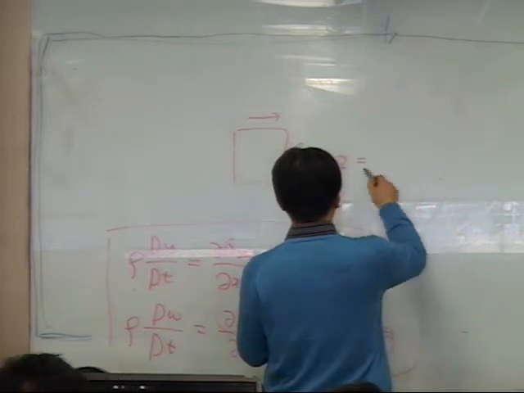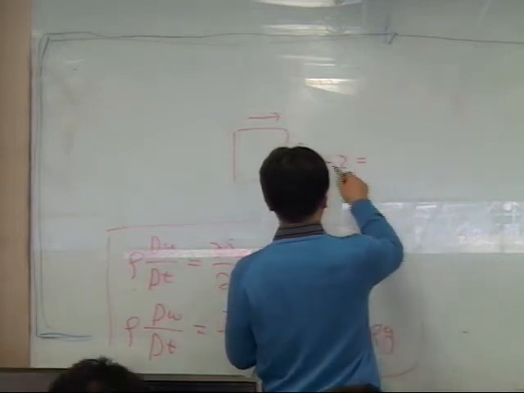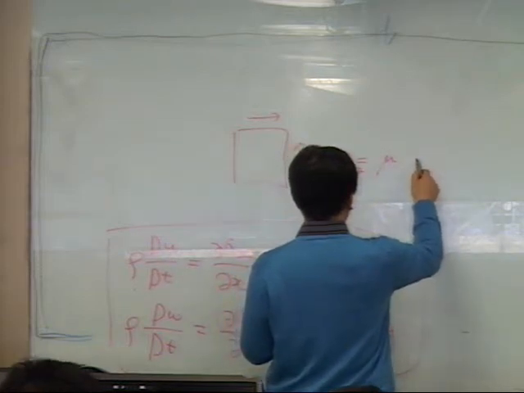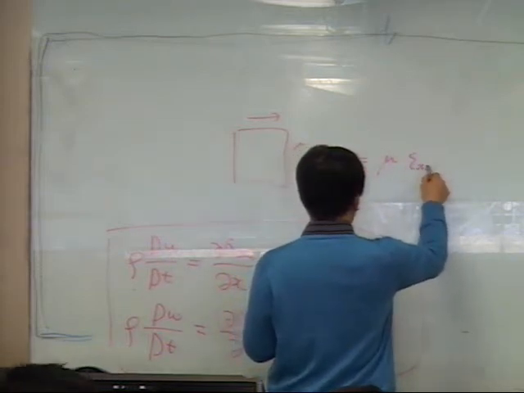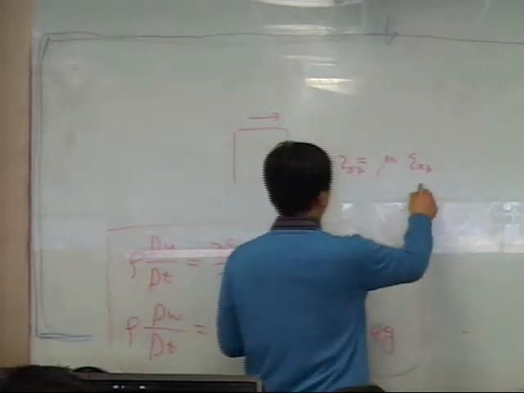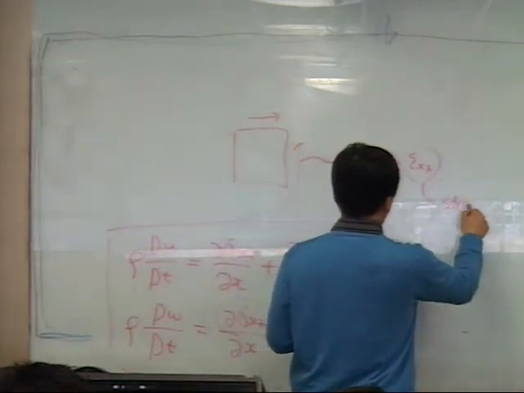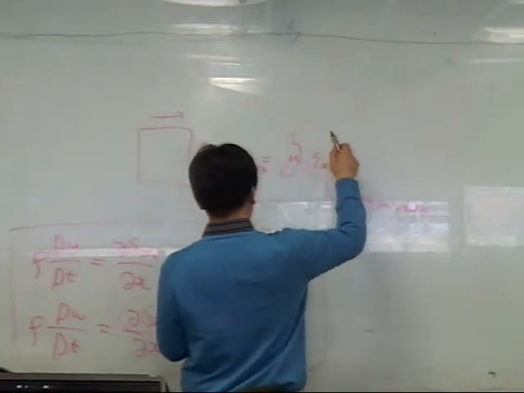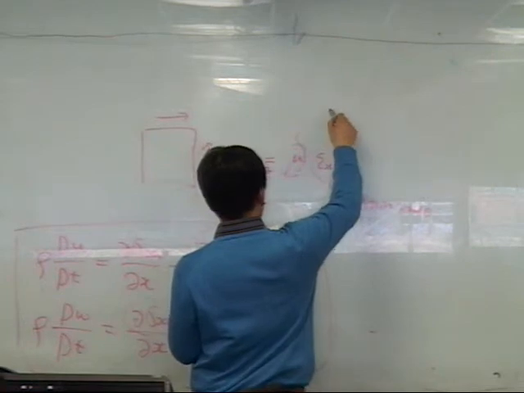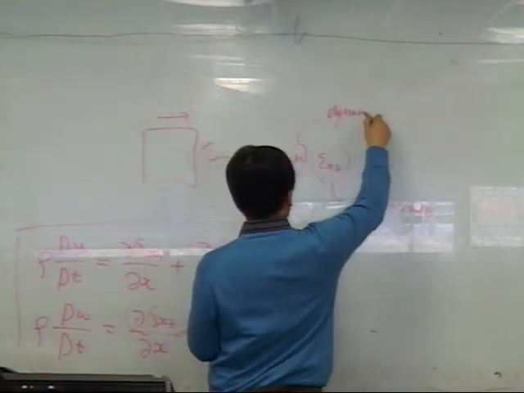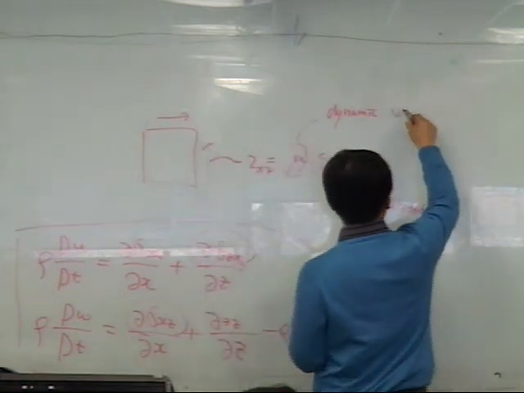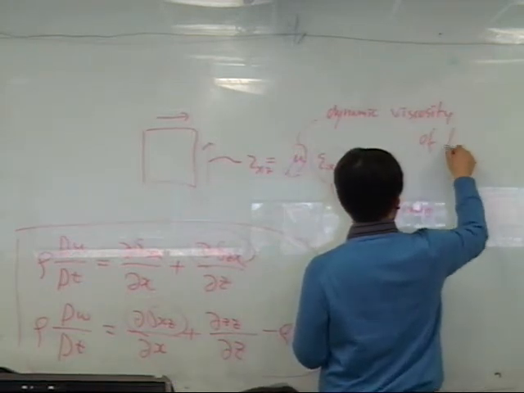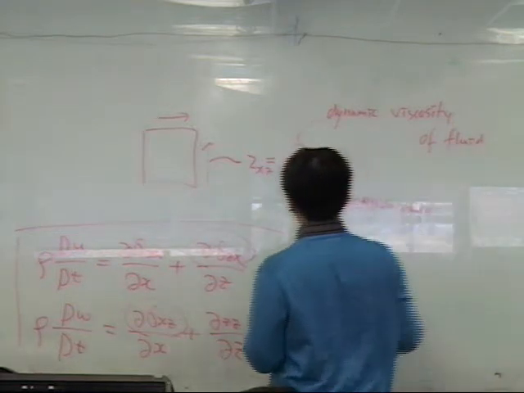Let's say this is xy and xy. This is the strain rate, and this is the viscosity of the fluid.